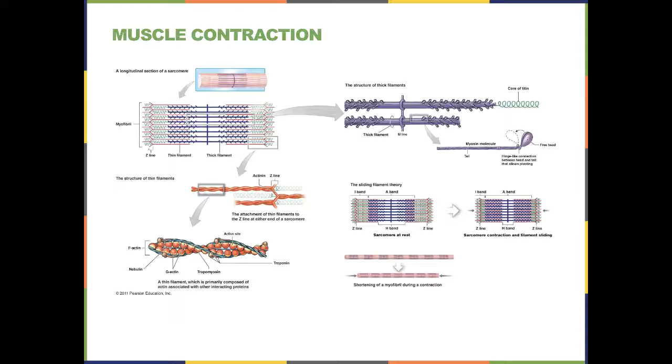This leads to the two Z-lines becoming closer together. However, the A-band does not change. And if you look at the two myofibrils below the sliding filament theory drawing, what you see is that the light stripes become shorter, but the dark stripes remain the same size.